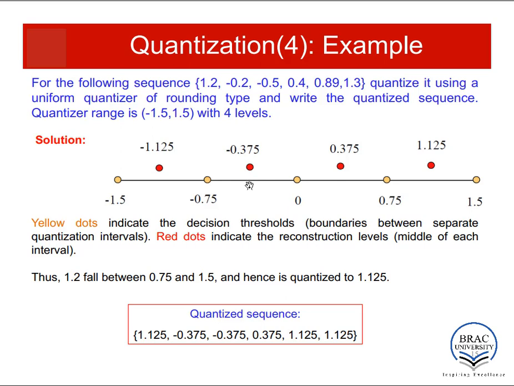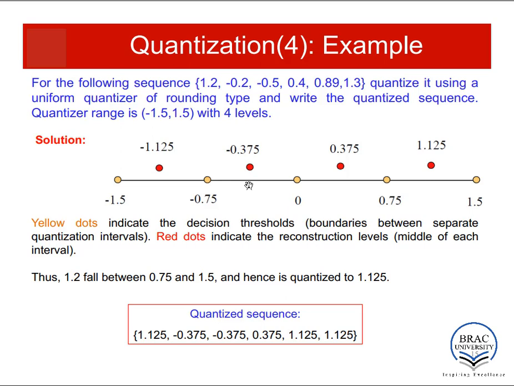So the quantization error is somewhere between minus delta by 2 and delta by 2. It cannot be greater than delta by 2, and it cannot be less than minus delta by 2.